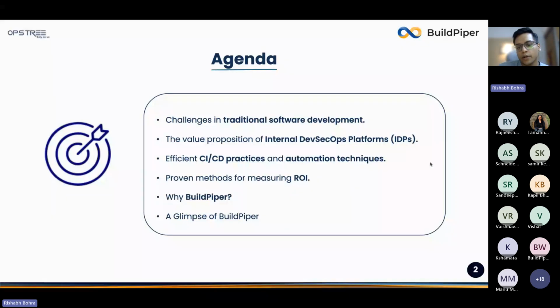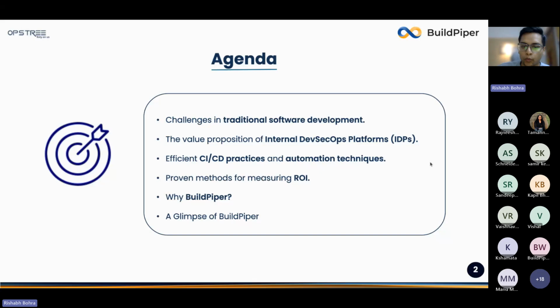Then we are going to cover the efficient CI and CD practices along with the automation techniques, the recipes of how you can get up and running with the reusable patterns, which multiple teams might already be creating in an organization. So that's the complete story around the standardization and the reusing of the components. And then we'll cover proven methods for measuring the return on investment, which is also the ROI. When you have an internal DevSecOps platform, or maybe if you're planning to create or purchase one, how your ROI is going to look like when you have a complete integrated platform into the picture.